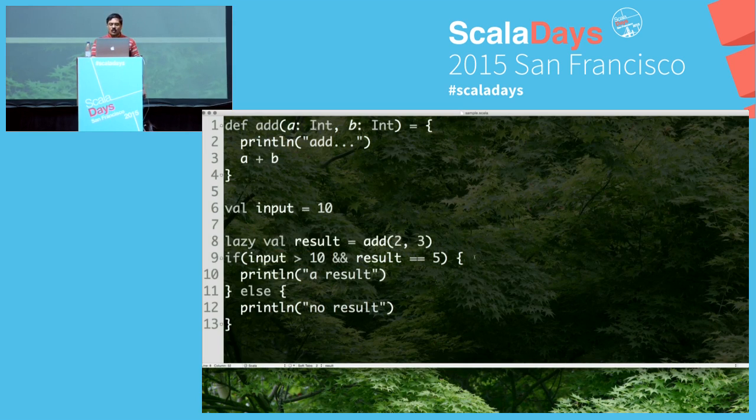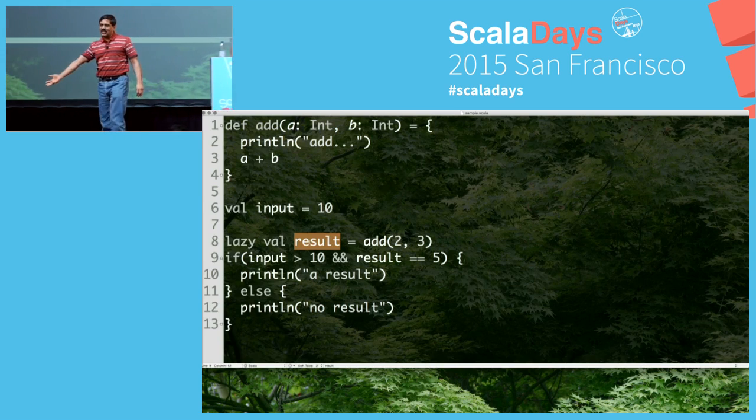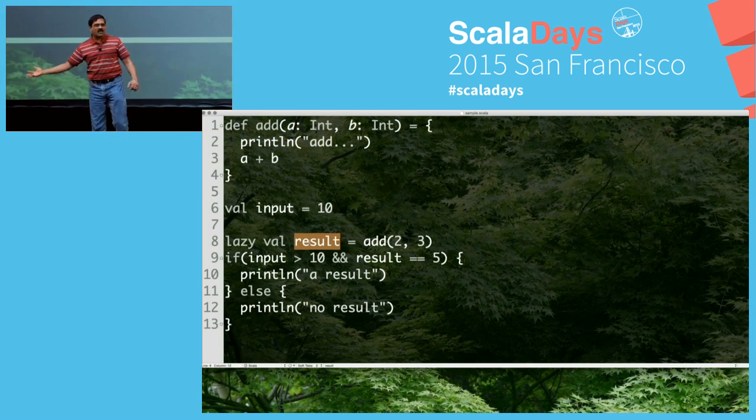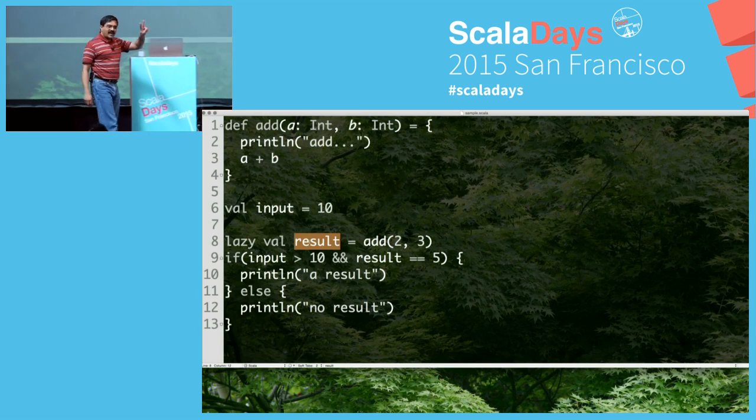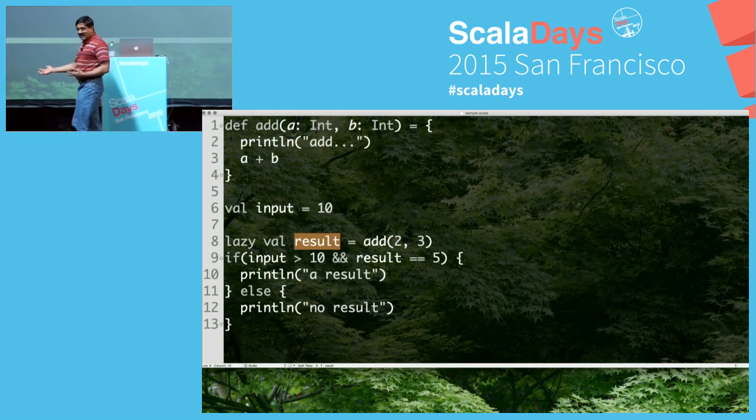So I simply had to work a little hard to say, hey Scala, would you do me a favor? Treat result very lazily. If you never really use it, don't bother going around running it. So you are making the code lazy by marking it with the lazy evaluation, and as a result, it's no longer evaluating it.